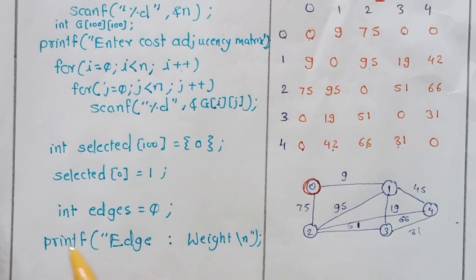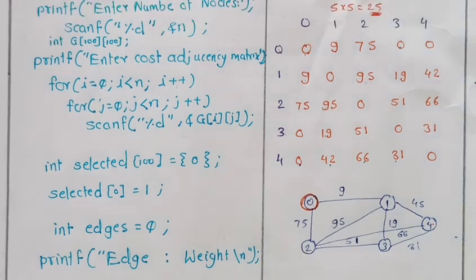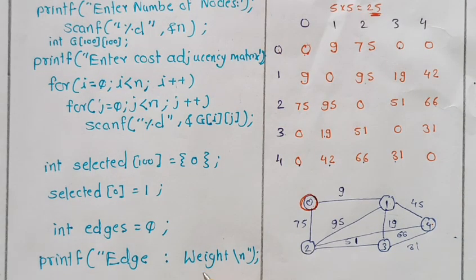After that we are taking one variable, that is edges. Suppose there are 5 nodes, then we have to select only 4 edges here. That's why we have to count the edges. For counting edges we are taking one variable, that is edges. Next, after that we have to print the edge and weight on the output screen.